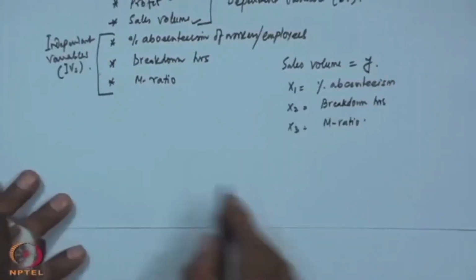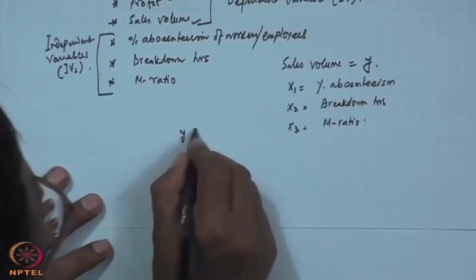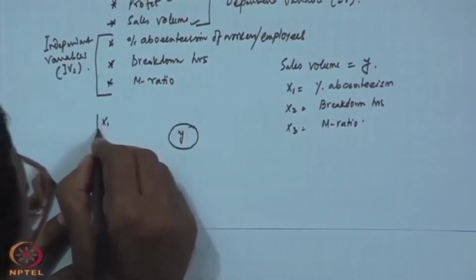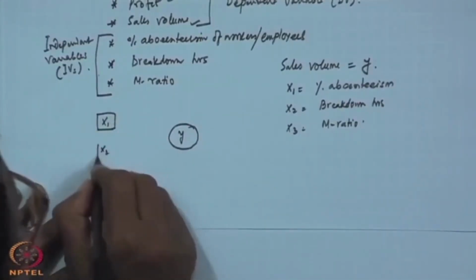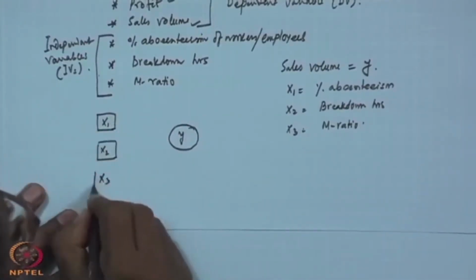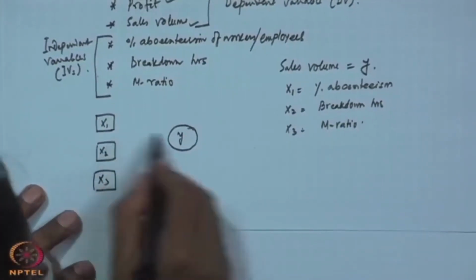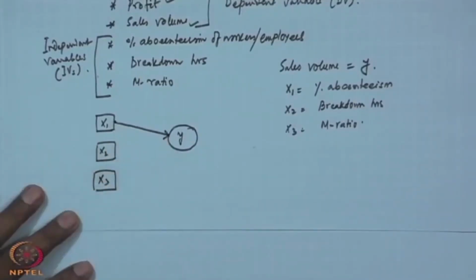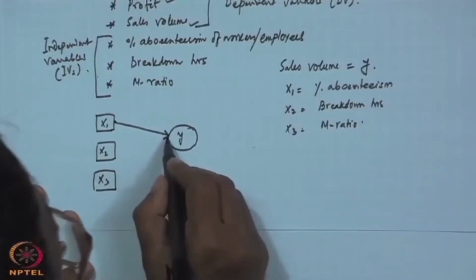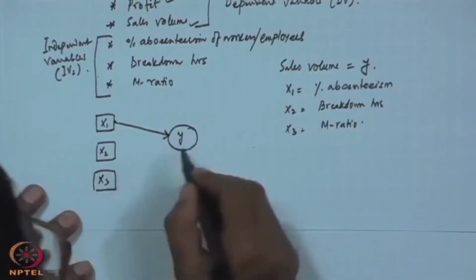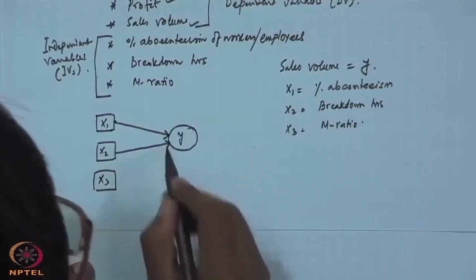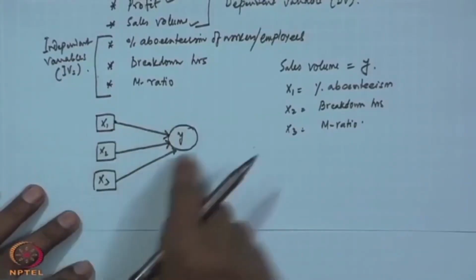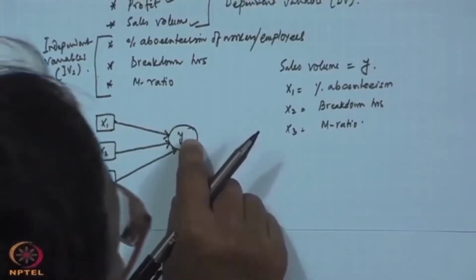If I define y within a circle or ellipse and x1, x2, x3 each within a rectangle, and create a straight line with an arrowhead to y, then this shows that the respective IVs are influencing the dependent variable y.